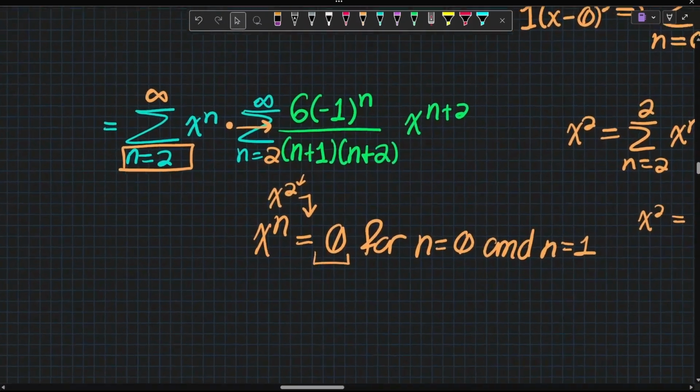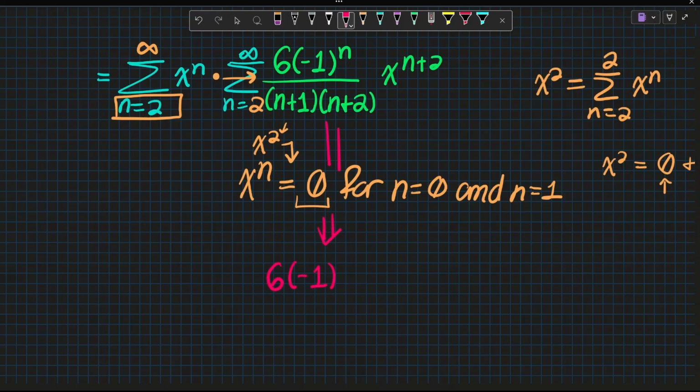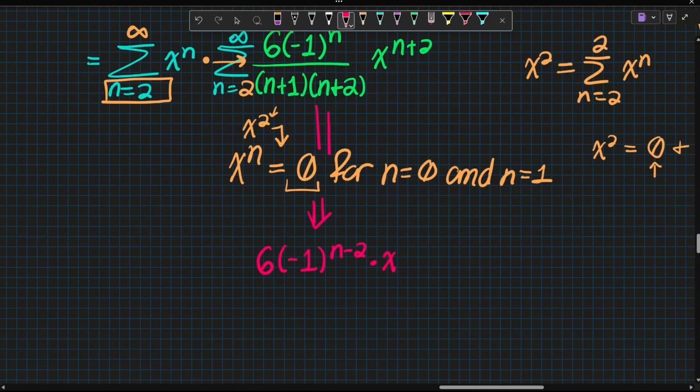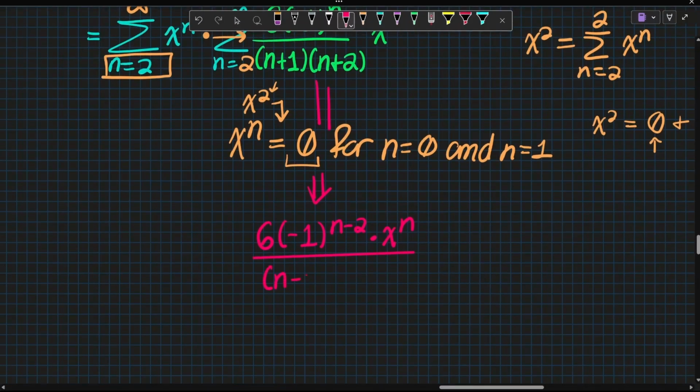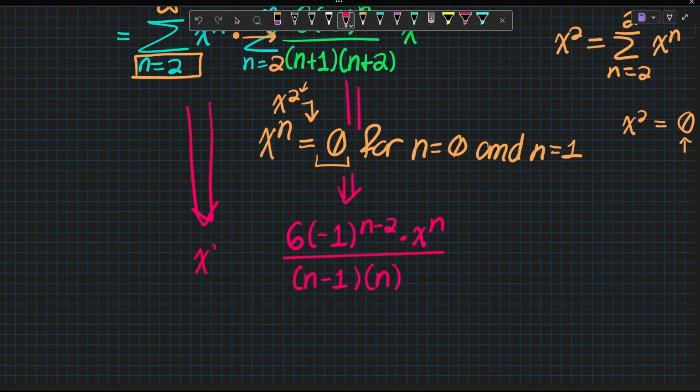So basically you'd have, if you were to transform this, 6 times -1 to the n minus 2, times x to the n, because it's 2 minus 2, over (n minus 1) times n, right? And then this would still be x to the n.